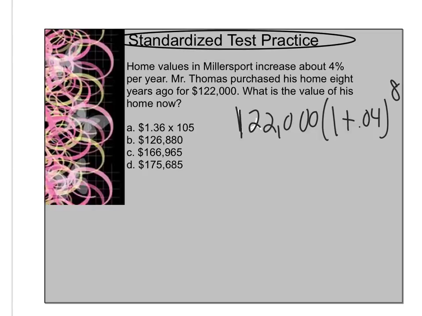What is the value of his house now? So you go 1.04 raised to the 8th times 122,000. So I get 166,965.42. I'm going with about that one. That matches up right there. That's what I'm going with.